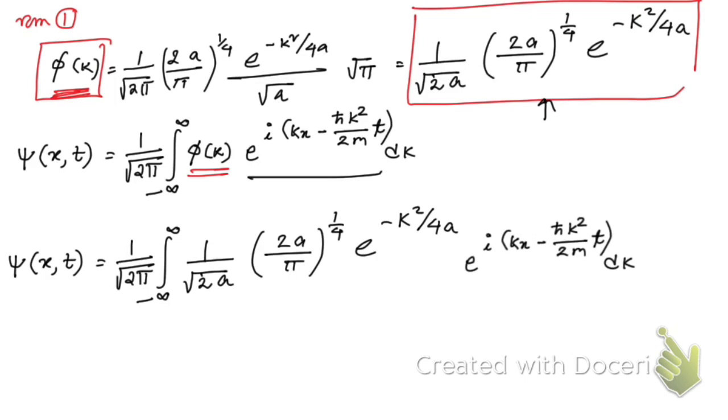So this is what we have got. Now you see, it can be written this way as well: e to the power ikx into e to the power this, right? We can write that way. So hope you have understood this, right?